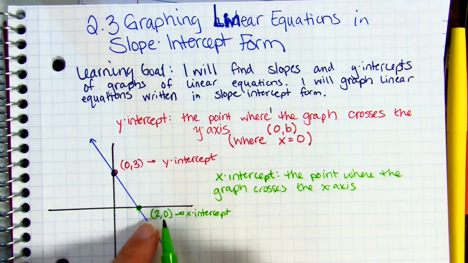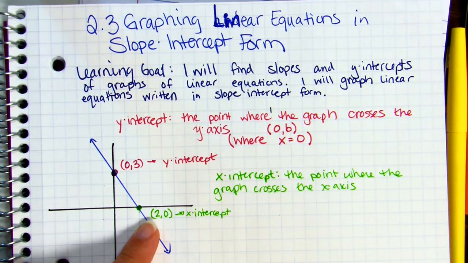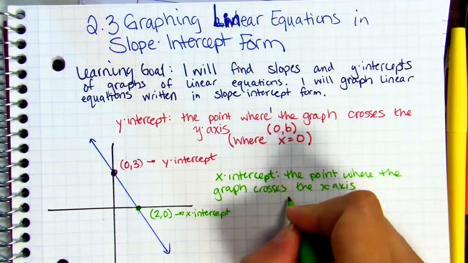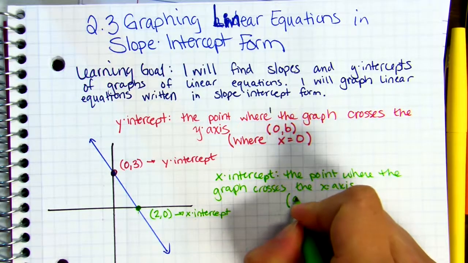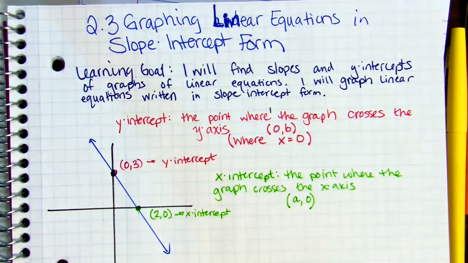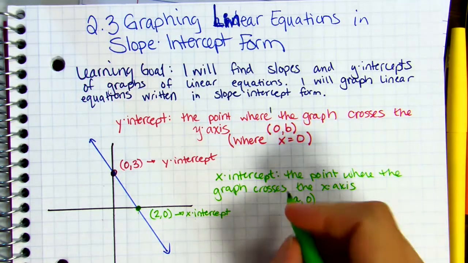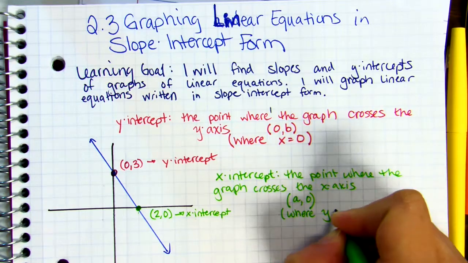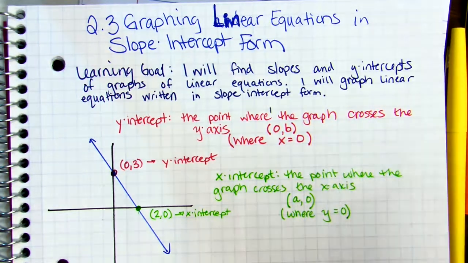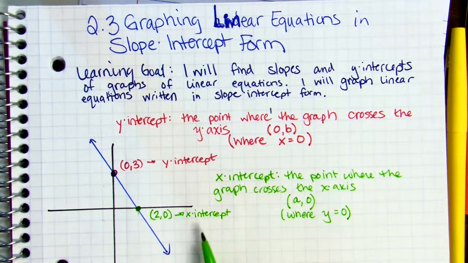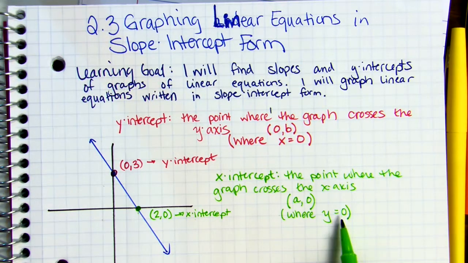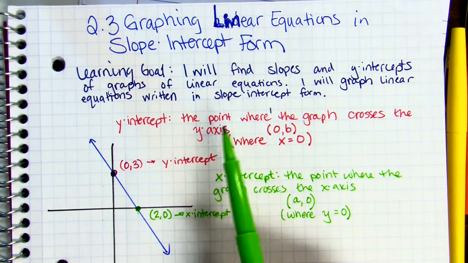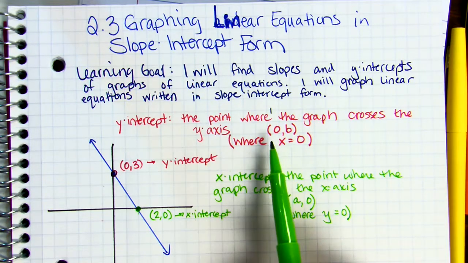And if you think about it, for our x-intercept, our y value is always going to be 0. So that's always going to be something like, and we can use any letter we want here, this doesn't really have a letter, like a, 0. And this is also where y equals 0. So if you're given an equation and you want to find the x-intercept, you put in 0 for y. If you have an equation and you want to find the y-intercept, you put in 0 for x.